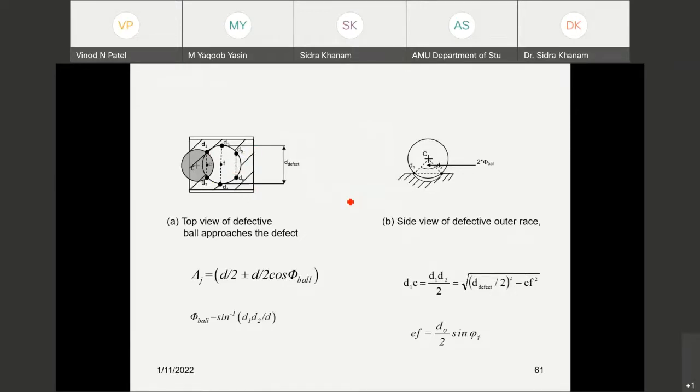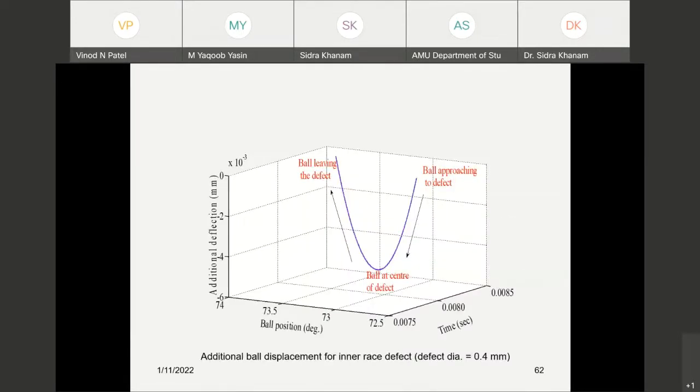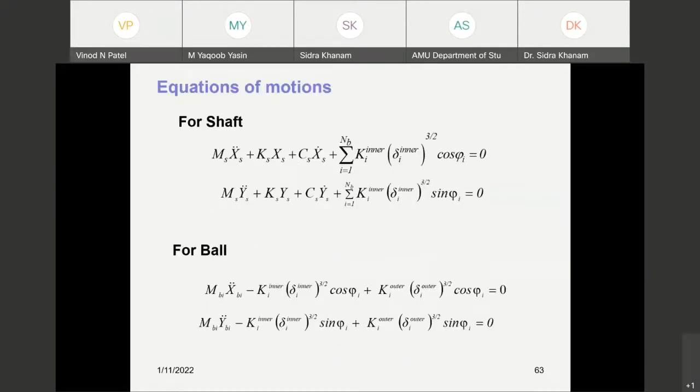So the value of the displacement varies, and it can be shown this way. When approaching the defect and moving out of the defect, the displacement value changes. So based on the type and size of the defect, we can find what the additional deflection will be.